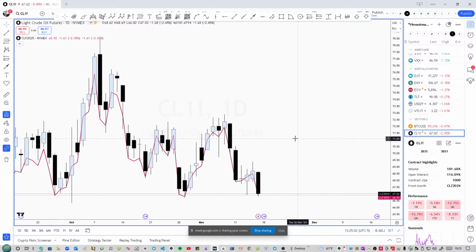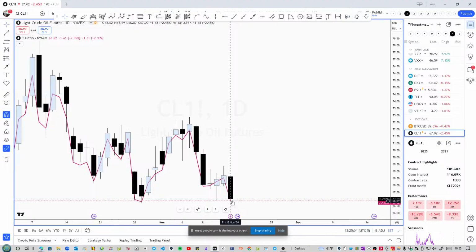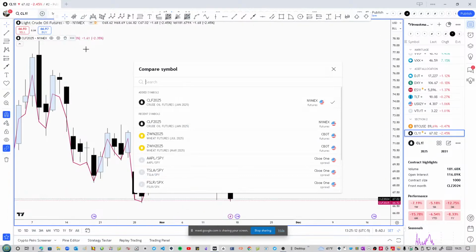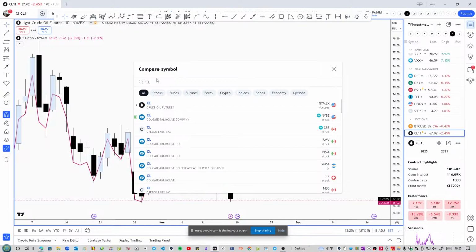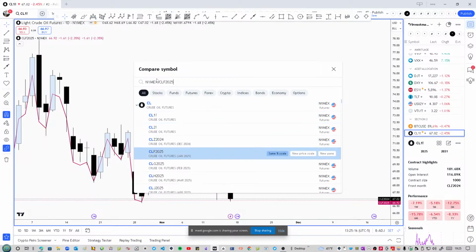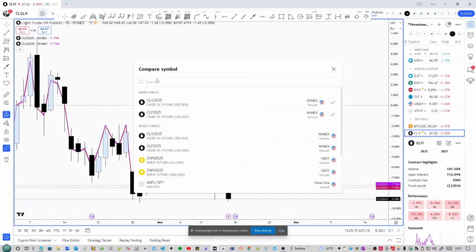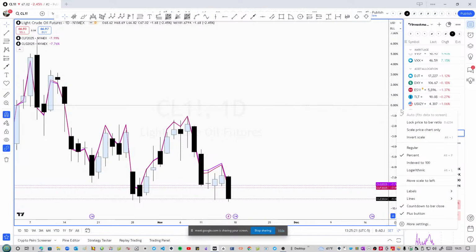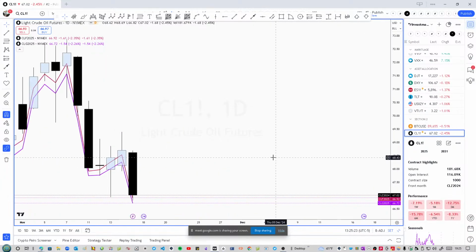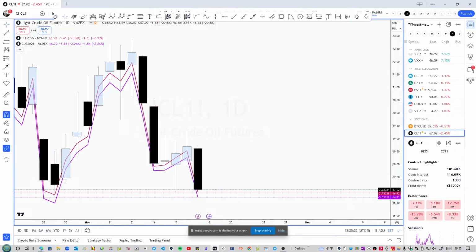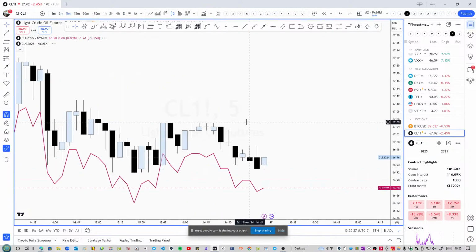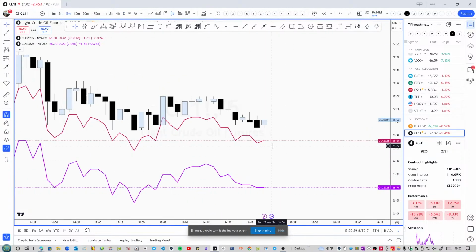But interestingly, you will see, oh, the January contract is a little bit lower than the current price. Interesting. Okay, let's see how it is with the next contract, February. Okay, so here we go. Oh, you see that this is actually also lower than the current price.